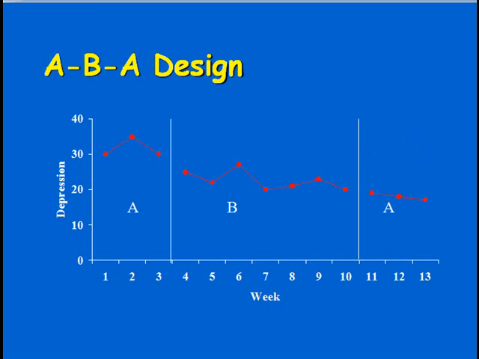Now let's say we use the same example with our agency, and again we have an A design. We have a lot of no-show rates, and then we start using the calls the day before, and then we stop calling, and what we see is that we're not able to retrieve our baseline, which means it's unclear if the intervention was responsible for the observed change.